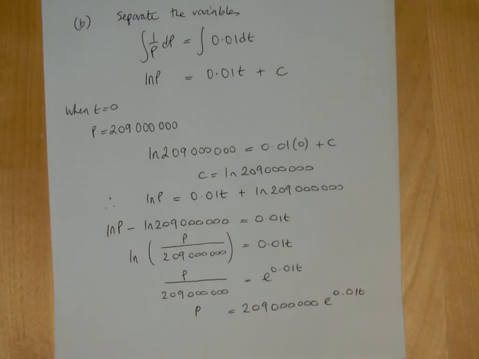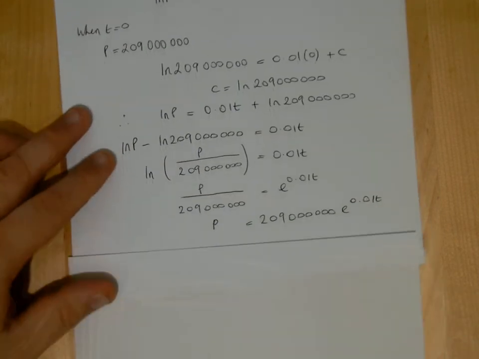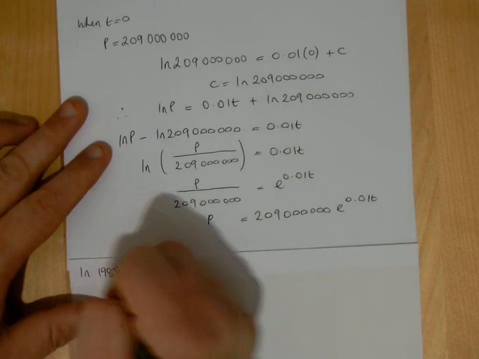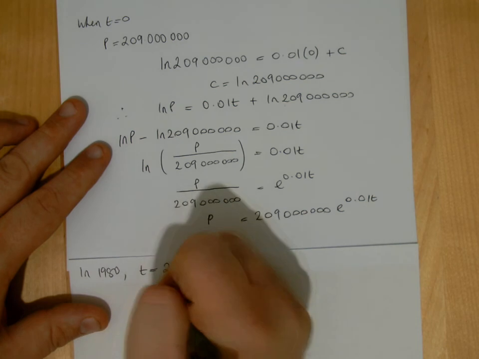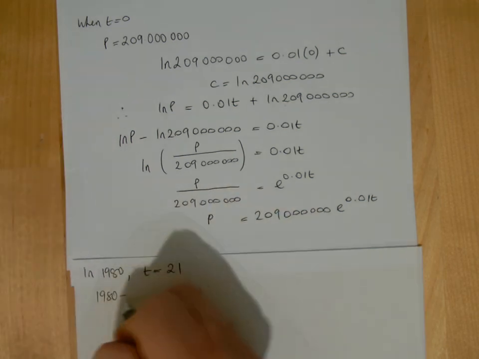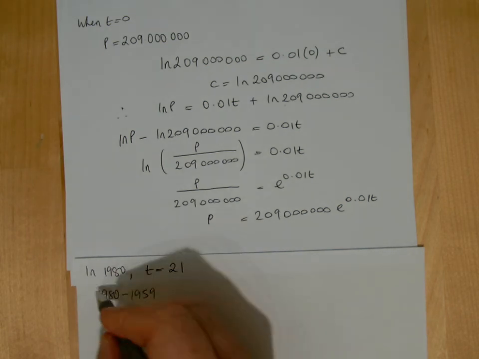0.01t. So in B, the question asks, what is the value predicted to be in 1980? Okay, so if you think about it, in 1980, t will equal 21, yeah? Because from 1959 to 1980 is 21 years, yeah?